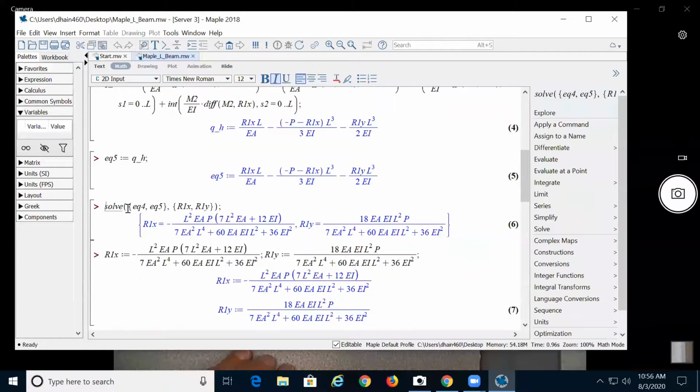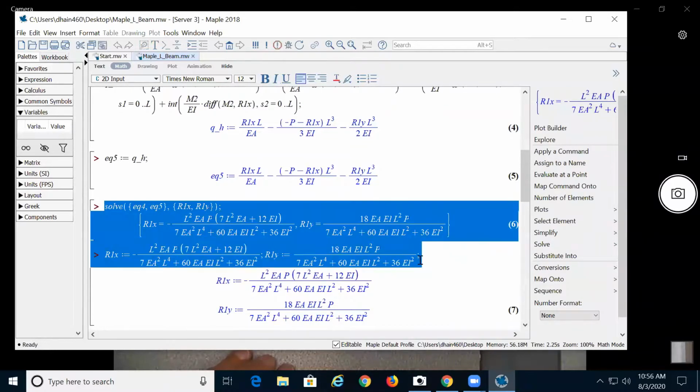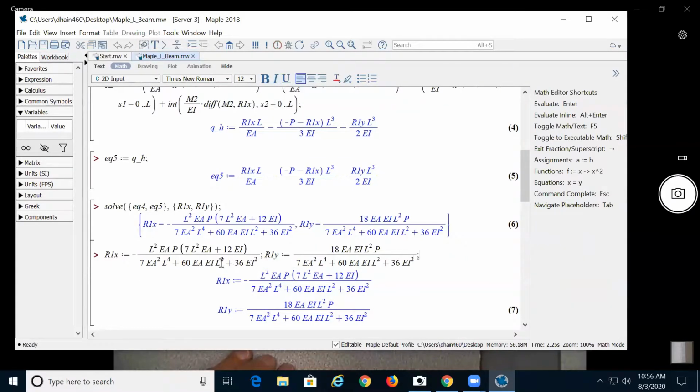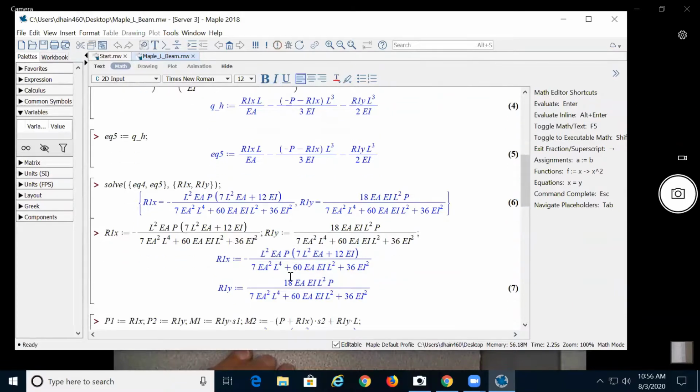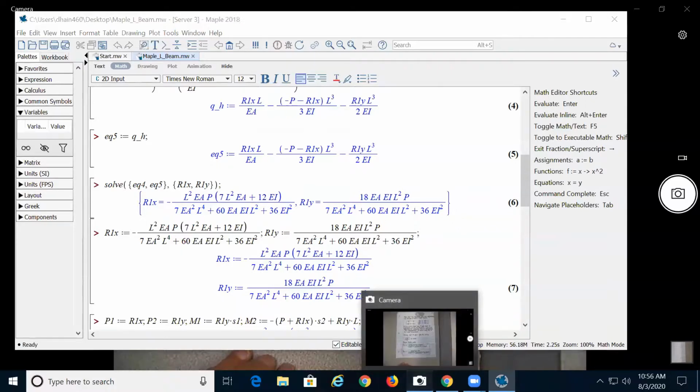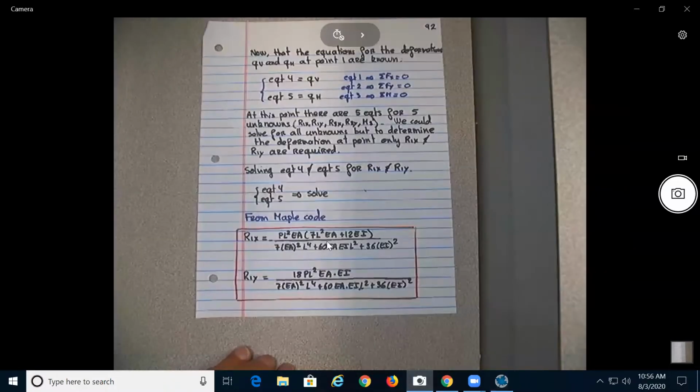Now I just solve these 2 equations, and I get here the 2 expressions that I wrote over here. I think I just changed the order, but there should be 18 PL squared over EI. Yeah, you see 18 PL squared over EI.